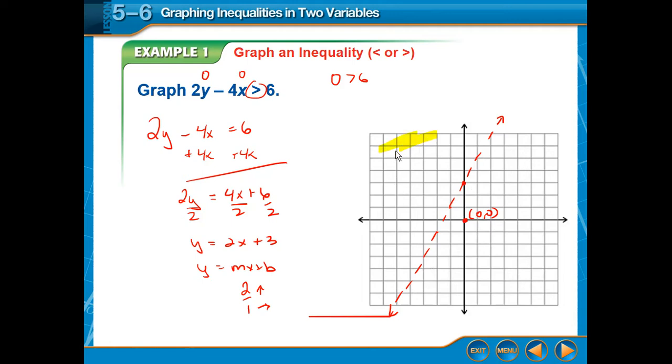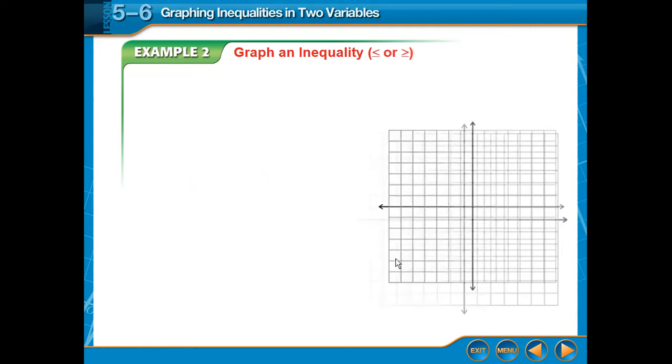So I want to shade this half of the graph. This is my solution. Okay, so that's the answer to number 1.